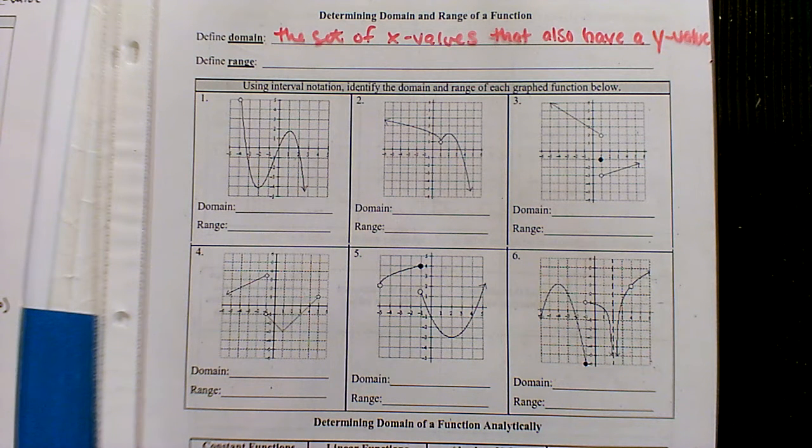Graphically speaking, you'd have a closed point at that location. So domain is if you were to plug in that x, you would get out a y. What about range, on the other hand?